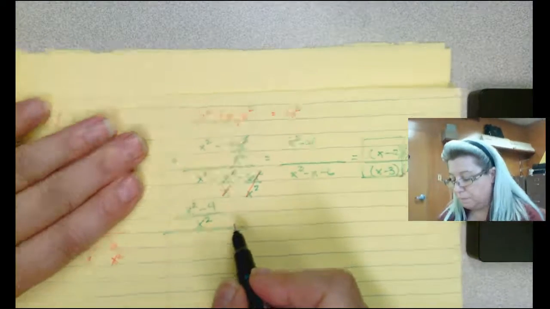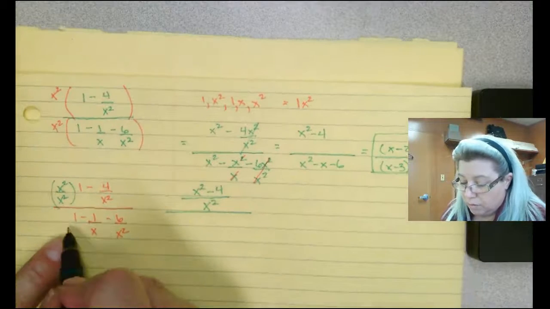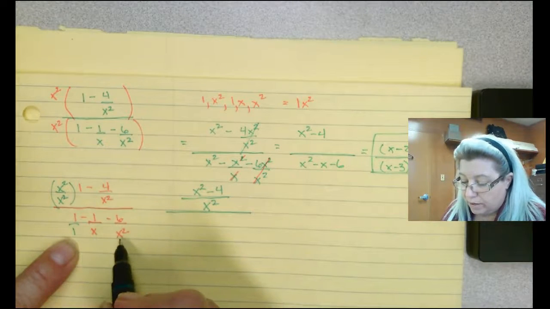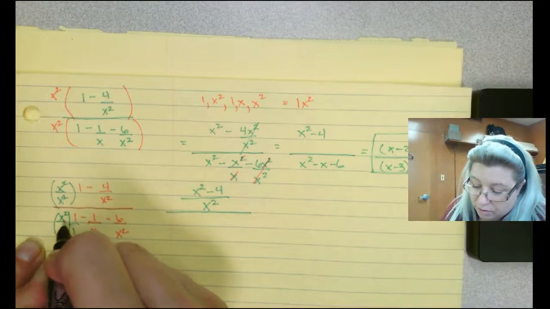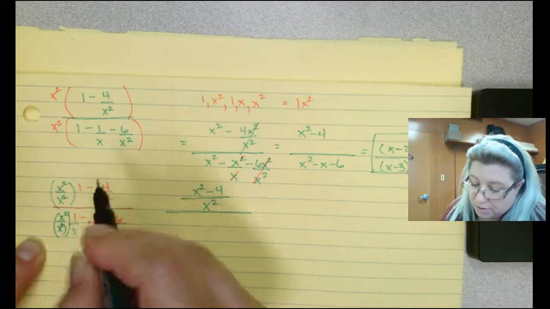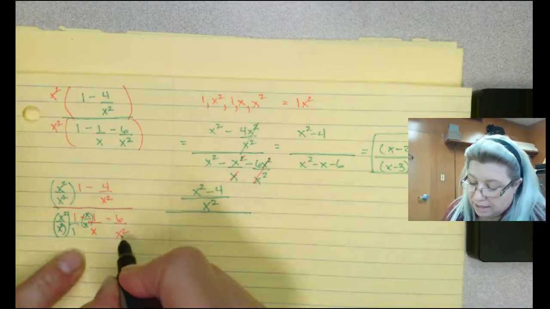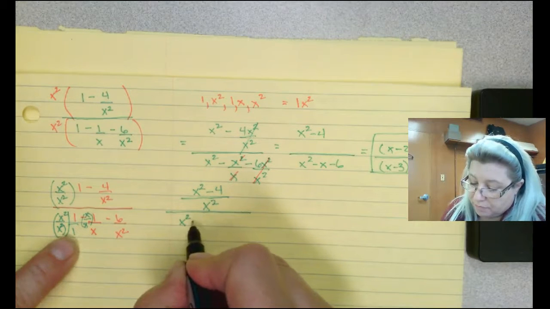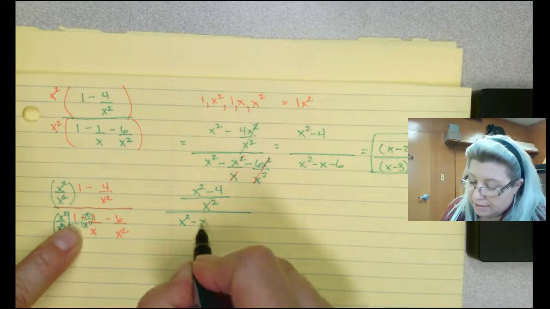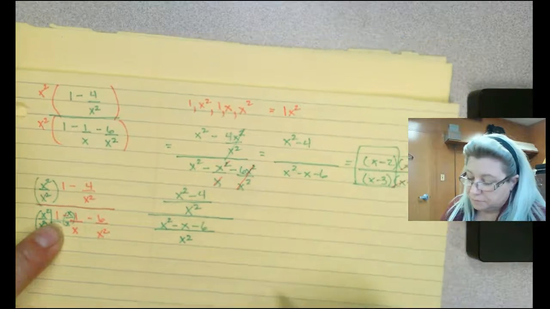Now I look at the bottom and I see what is the LCD of 1x and x squared. So it's x squared, so I need to multiply x over x. And the x squared's already there, so it's going to be x squared minus x minus 6 all over x squared.